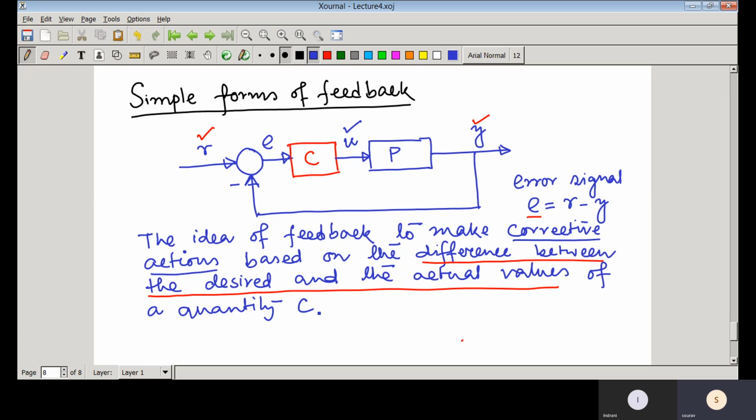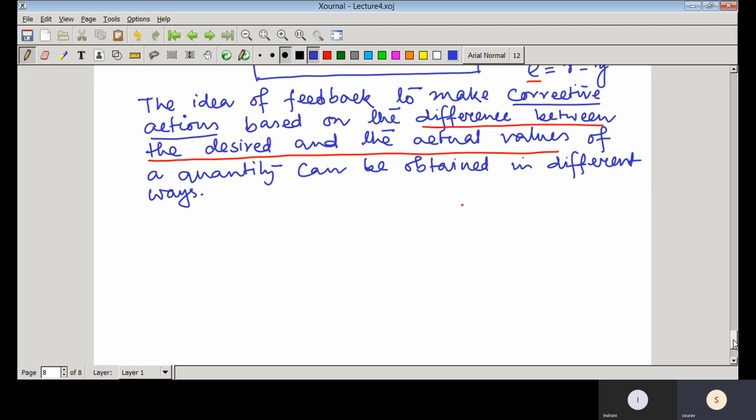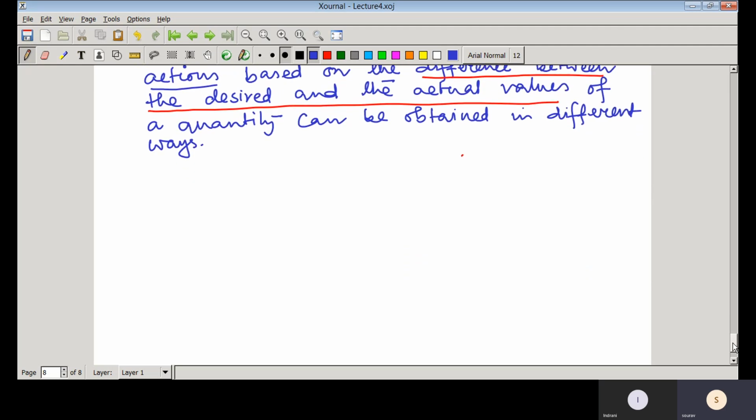This error signal can be used in different ways. That means the control input that you generate can be obtained in different ways, and today we will be discussing two types of control.